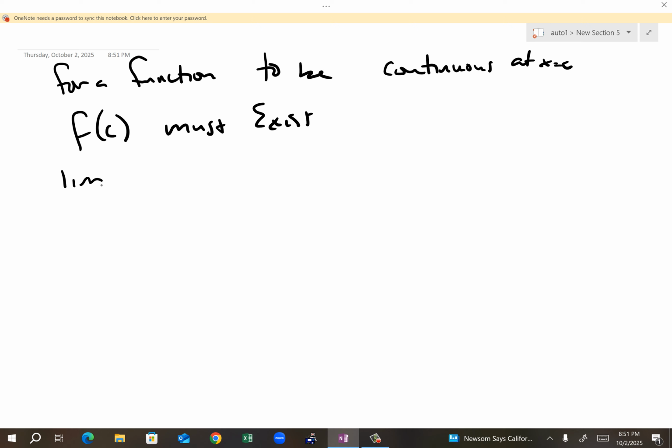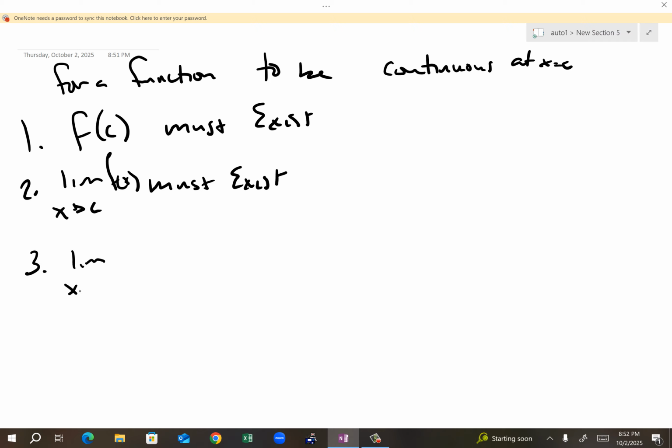We say the limit as x approaches c must exist. 1, this is 2. In other words, 1 and 2 must equal each other. In other words, the limit as x approaches c of f of x must equal f of c. That's what continuity is. You with me?